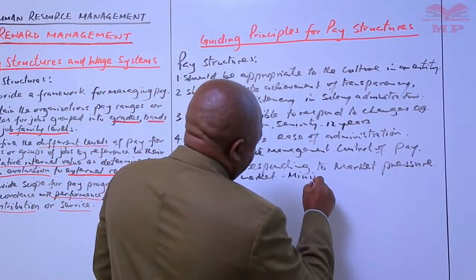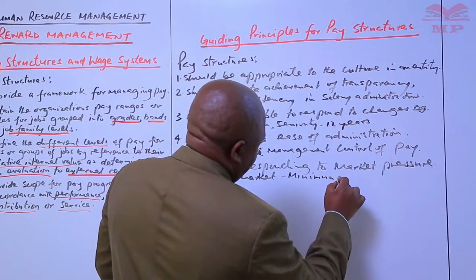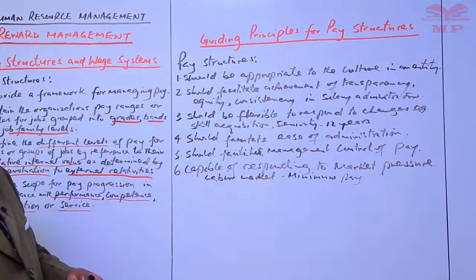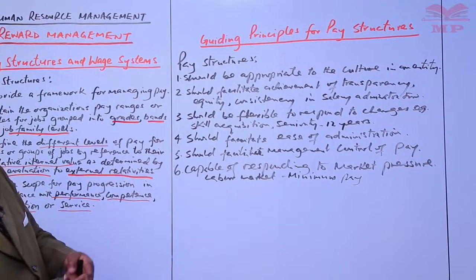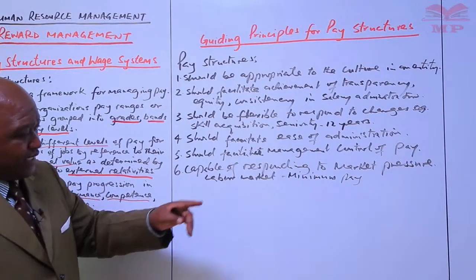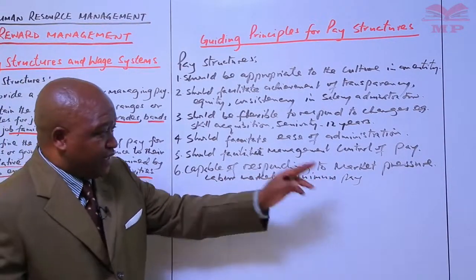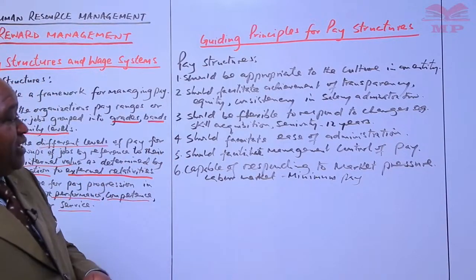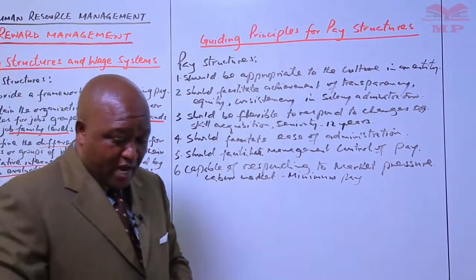Government may provide minimum pay. So if the government is providing minimum pay, the pay structures being provided should be able to accommodate labor market changes, like the mandatory minimum pay, so that it pays above that minimum to avoid challenges that could come from the legal side.